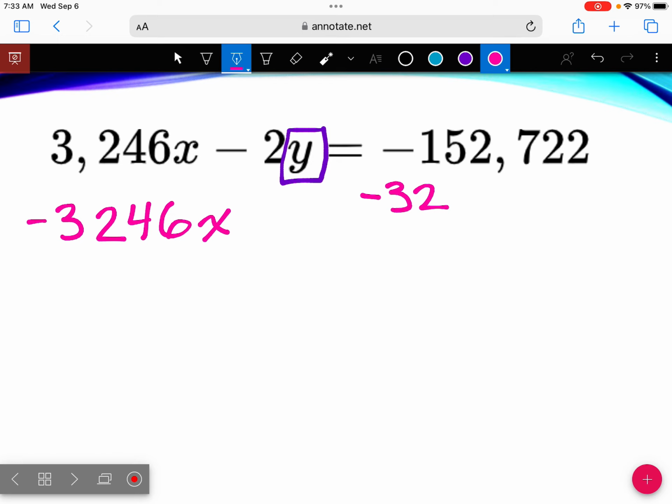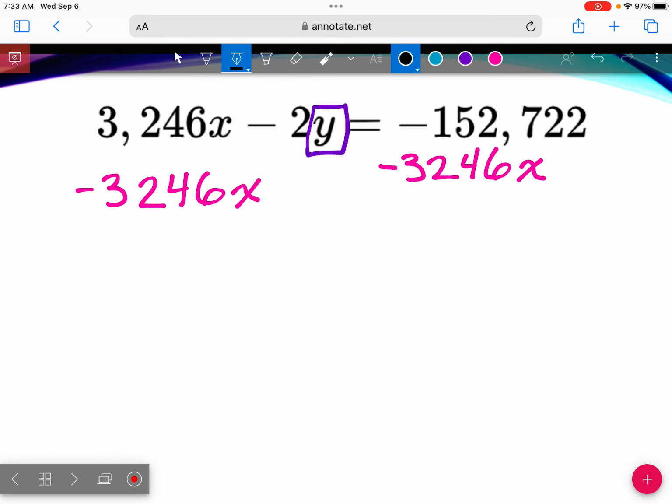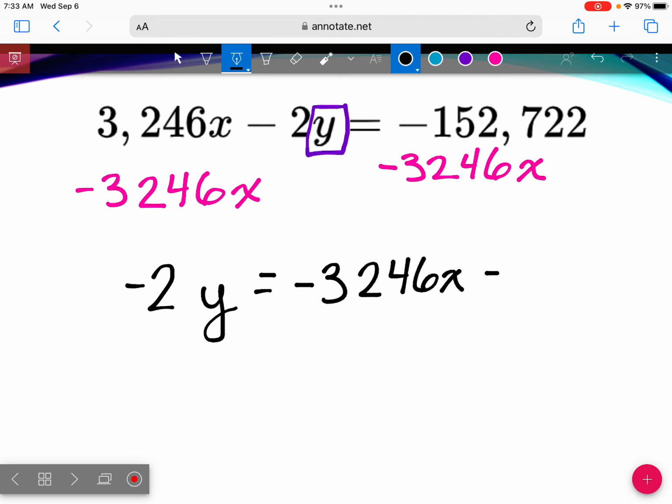And we're going to get minus 2y equals minus 3,246x minus 152,722. That's a comma, not a decimal. We're going to divide by -2.